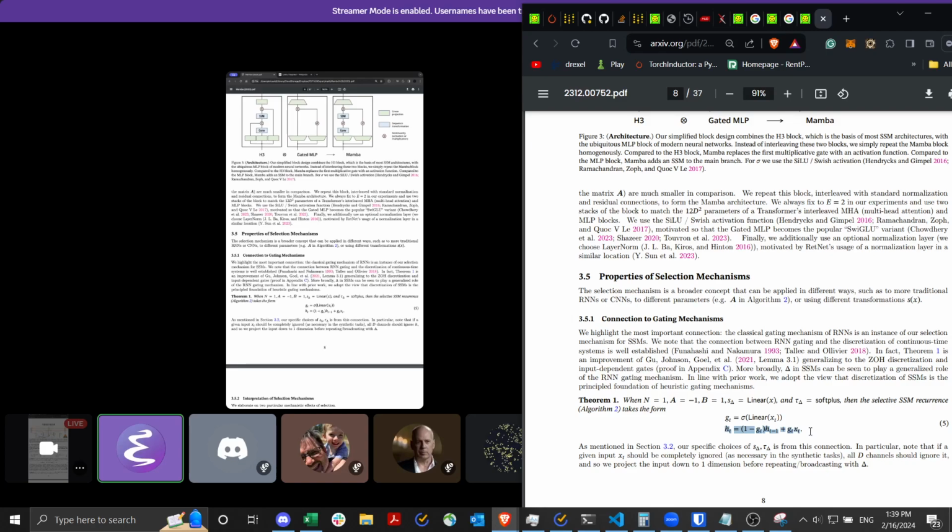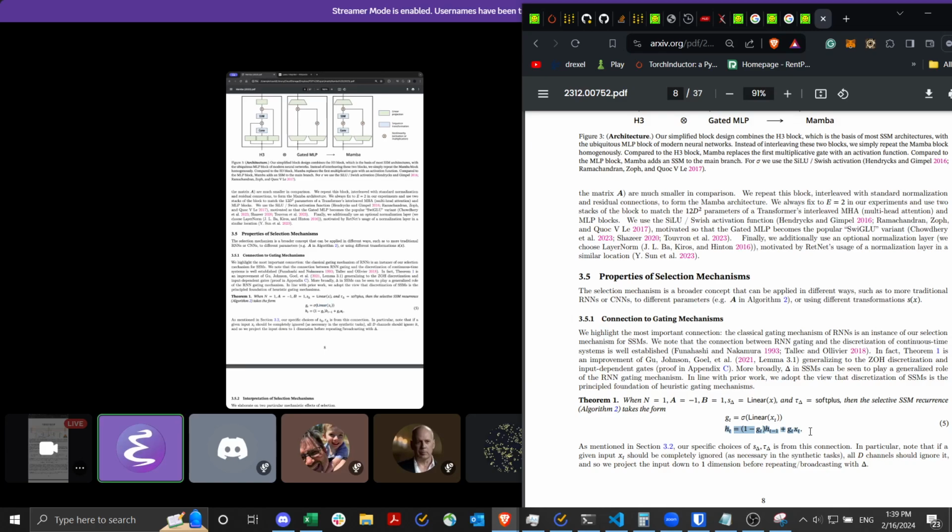The idea of a gate here is that you can decide how much of the previous state and how much of the new token to incorporate based on the token that you're seeing. So you notice this g of t, which is the parameter that controls how much of the old state and how much of the new token to incorporate, is itself a trainable function of x of t. So you can imagine that, if it's transcribing words, this linear layer could learn that, oh, the word really has no semantic meaning, right?